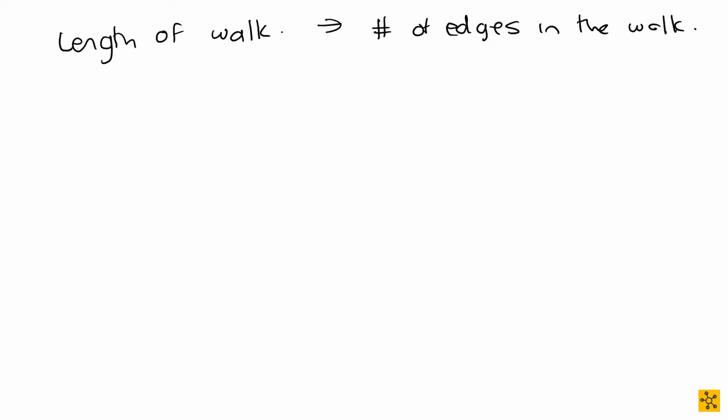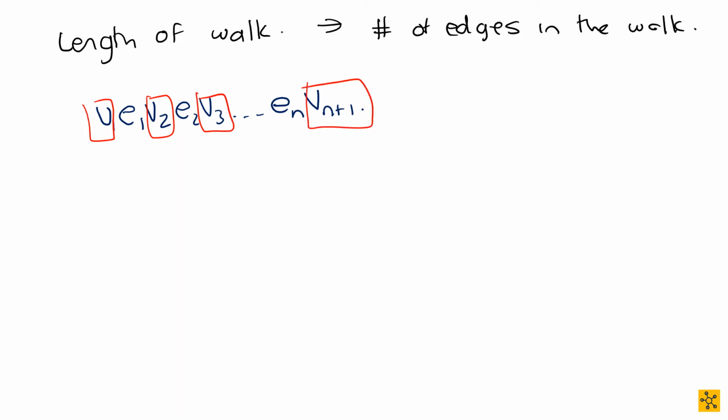Okay, so if you remember how we described this walk as a sequence, we had V1, E1, V2, E2, V3, and we moved on and eventually got En and Vn plus 1. So when we're looking at that, you'll have N plus 1 of them, and you'll have N edges.